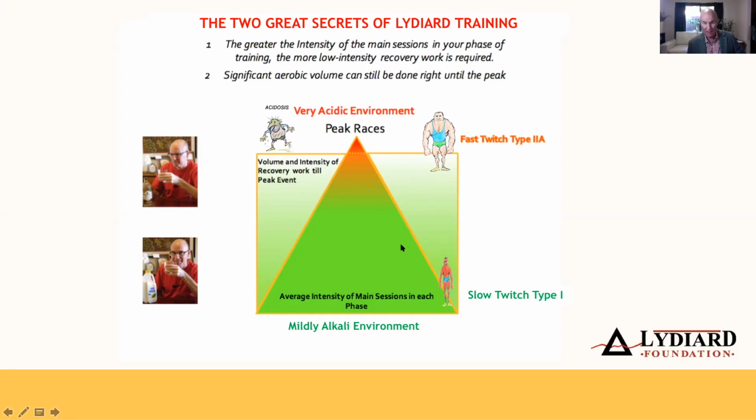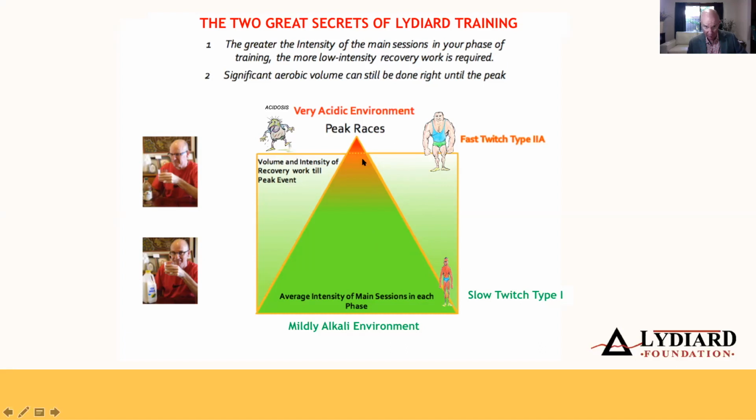And as you get more and more intense, going from the aerobic green to the very anaerobic red, yes, acid red, the recovery requirements become more and more different and less intense. So basically, the harder you go, the more easy, slow, opposite type of recovery you need.